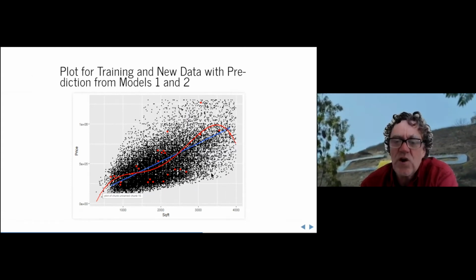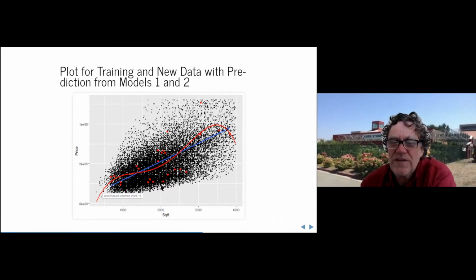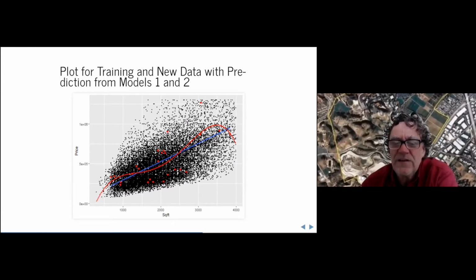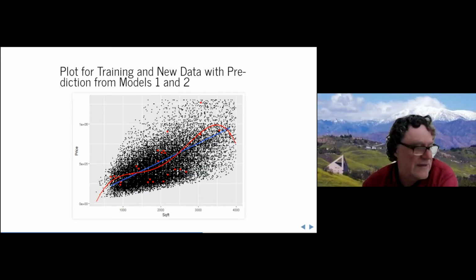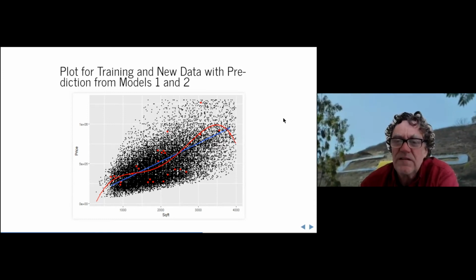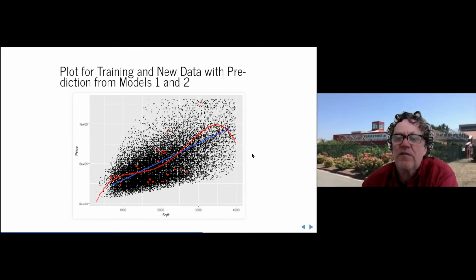It is actually counterproductive because it just bends down to catch these few data of the training data. So the red line predicts the training data well, but it does not predict future data very well. This is what is overlearning.